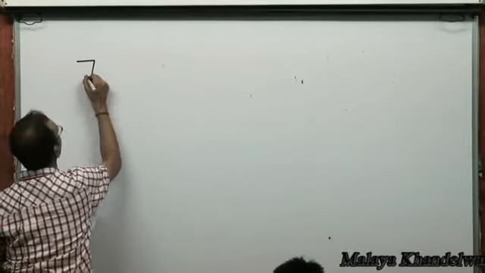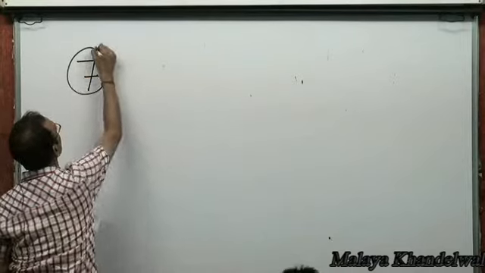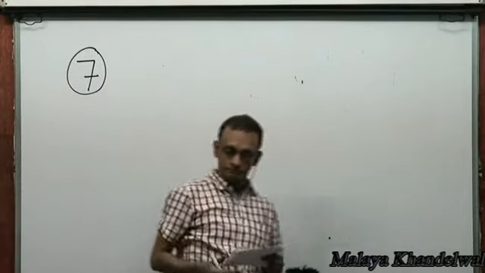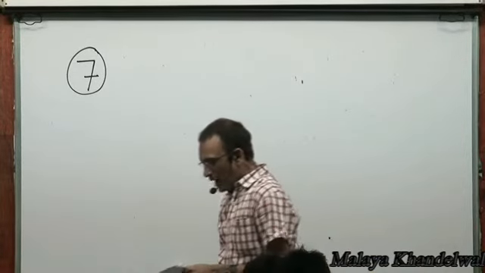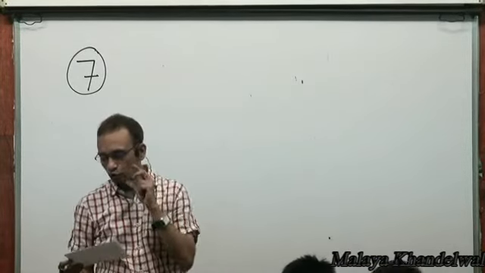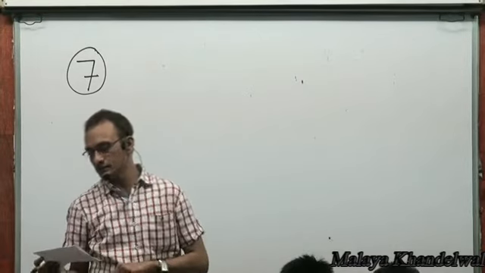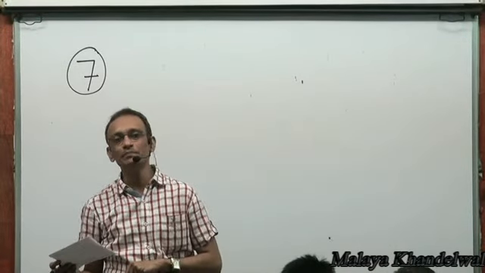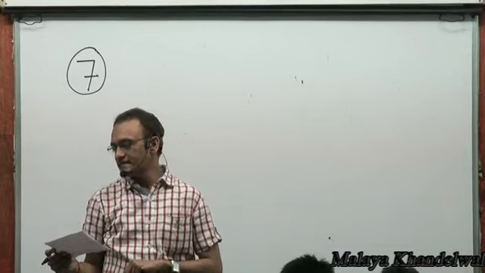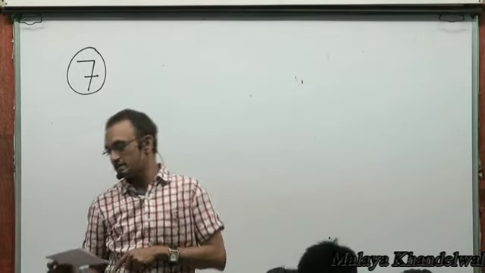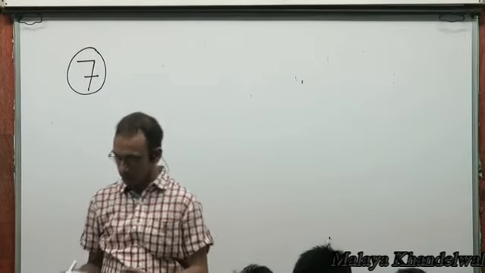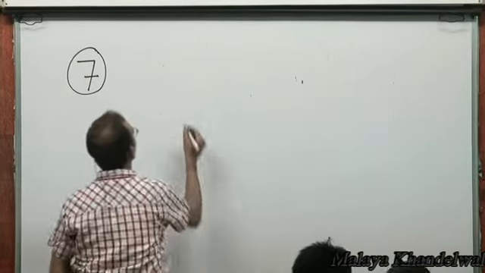Number 7. A particle having charge Q equal to 10 microcoulombs and mass equal to 3 milligrams has a velocity 10 i plus 2 j centimeters per second.